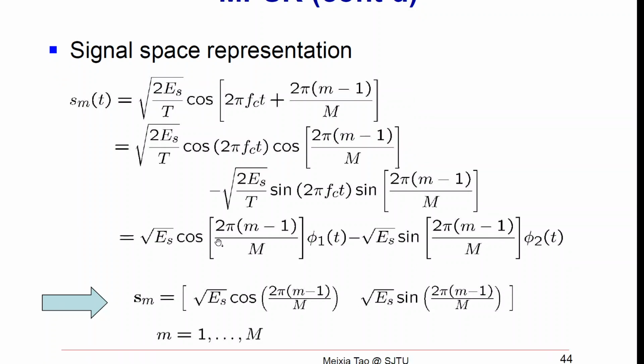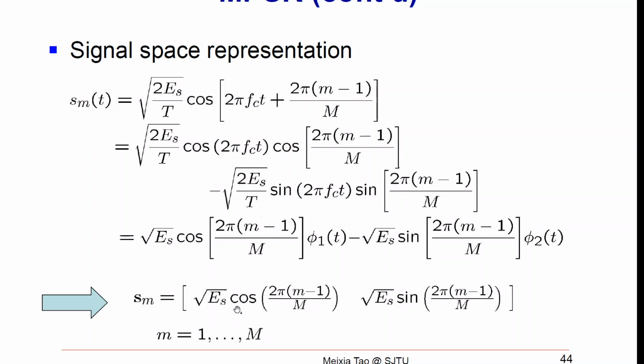So if I am converting this to the signal space form, or converting this to a vector of 2 dimensions, this s_m(t) is a 2D point having the coordinates root Es cos(2π/M × (m−1)) and root Es sin(2π/M × (m−1)). So s_m actually represents a single signal, and there are capital M different signals like that.